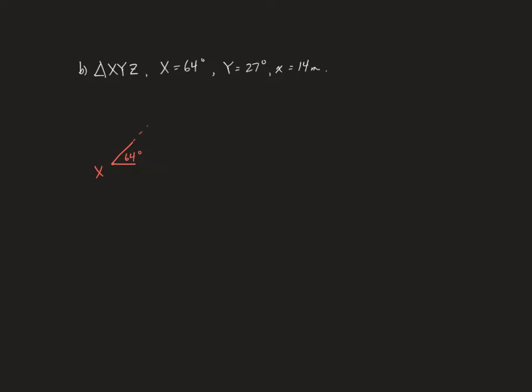Now, again, I know that those rays could have any length to them. The other property I know, and I'm going to jump down to the fact that I was given a corresponding side, is I know that side X, if it was 14 meters, and I'll just call it that, has to exist opposite angle X. That means that angle Y would have to be at the end of one of those rays.